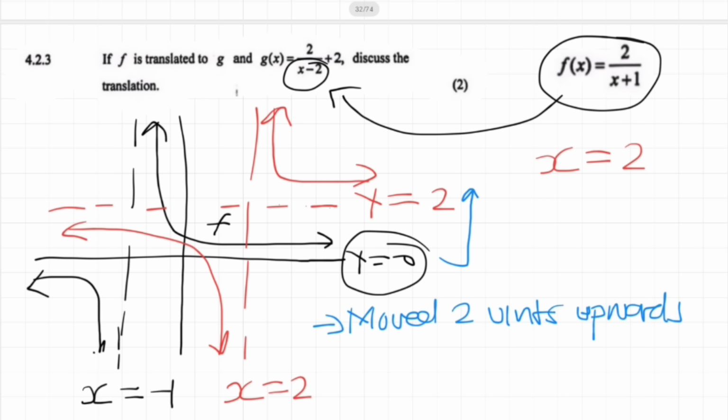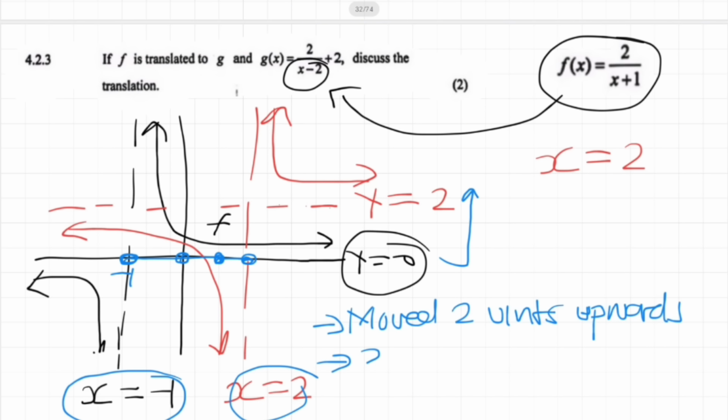That's our first observation. And look at this. It moved from this asymptote, which was -1, to 2. So it moved from this point, which was -1, and then it goes to 0, to 1, and to 3. So it moved 1, 2, 3 units.